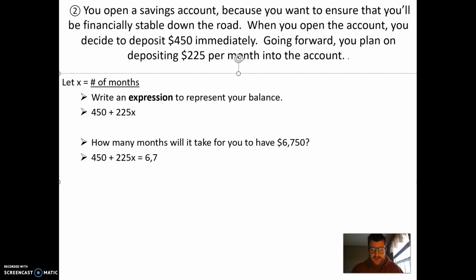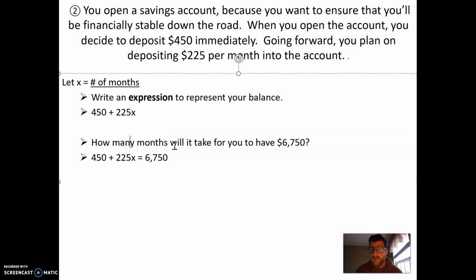equals 6,750. Something I do want to point out here is, because we've done similar situations like this in the past, where this question, the second question, instead of saying how many months will it take for you to have $6,750, instead of asking you what x is, it would tell you what x is. For example, it would say, after 5 months, how much would you have in your account?